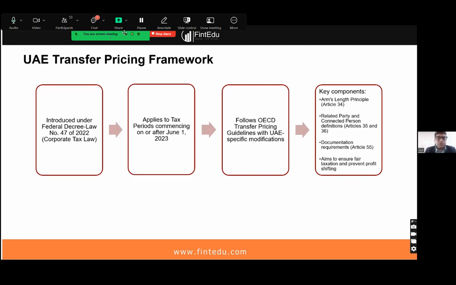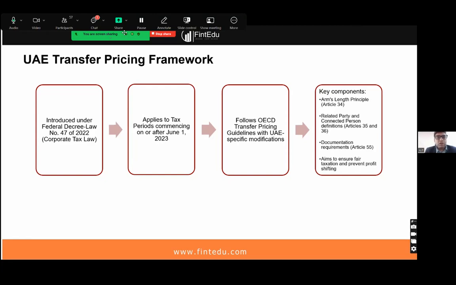Now, before we start on the transfer pricing disclosure form, let's talk about the broad UAE transfer pricing framework. Transfer pricing is a part of the corporate tax law effective from 1st June 2023. We all know about it. The regulations broadly follow the OECD transfer pricing guidelines.